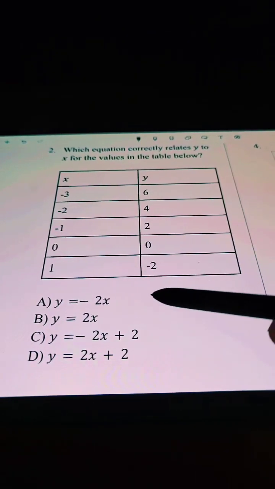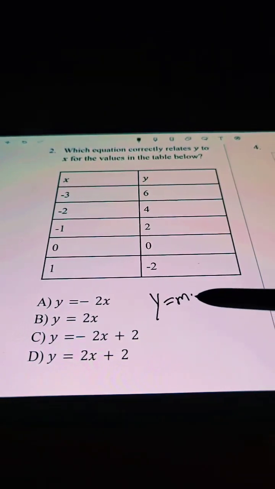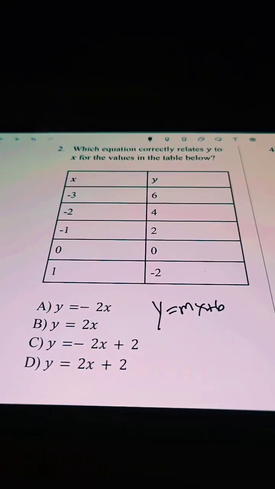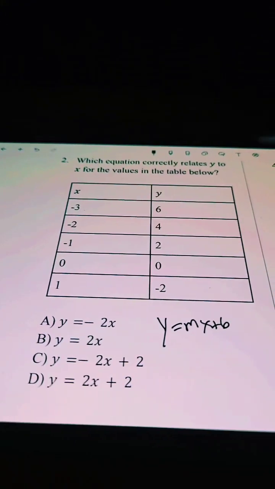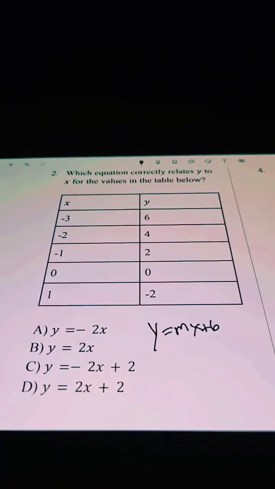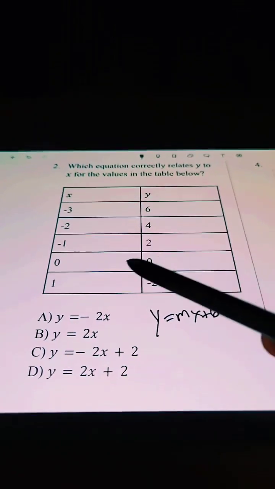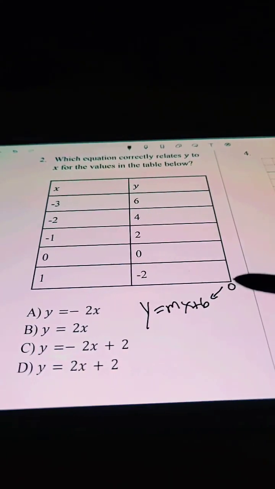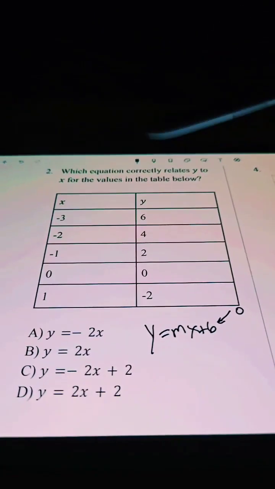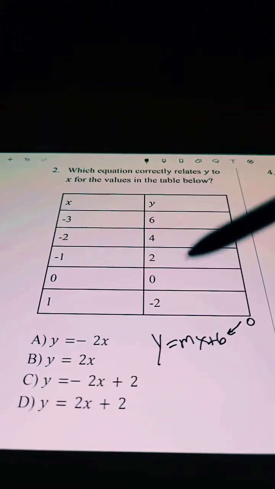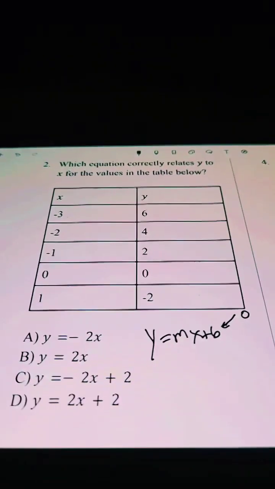The more efficient way, I guess, is to just use what we're used to, y equals mx plus b, where m is the slope and b is the y-intercept. So easily we can see right away, y-intercept is just 0. So then it has to definitely be either A or B, and then we can determine what our slope is using the slope formula.